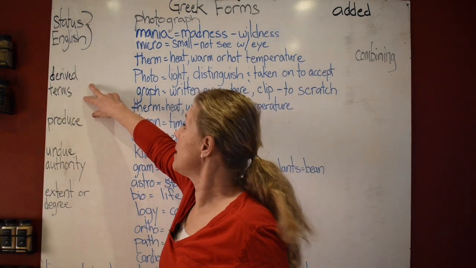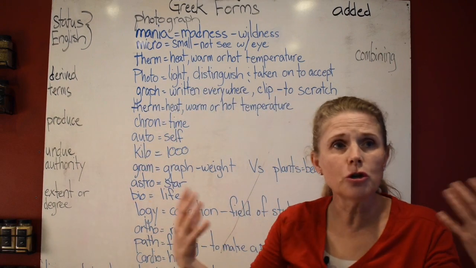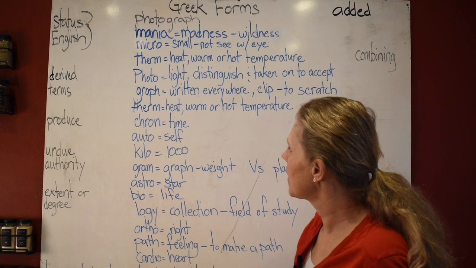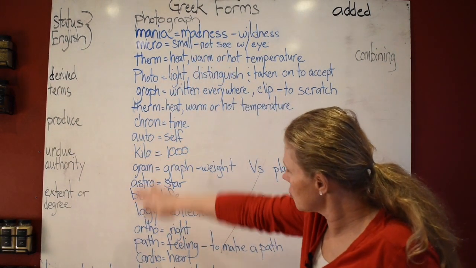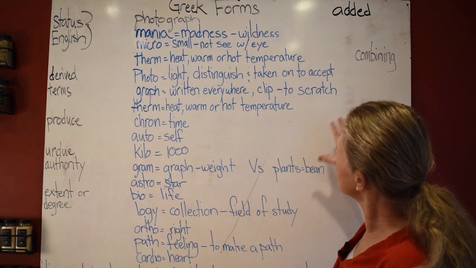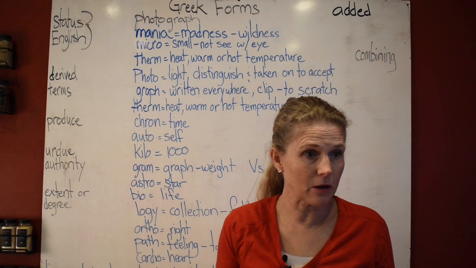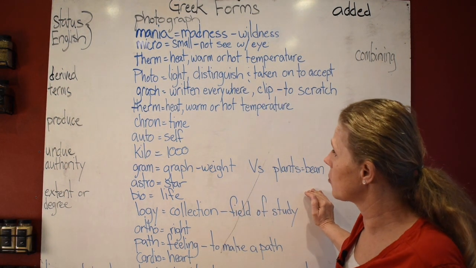You're going to be able to understand that with your derived terms. You're going to produce bigger sentences. You're going to have more knowledge. Okay? You're going to have undue authority because you're understanding this better. You're going to present yourself better because you know your Greek combining forms.